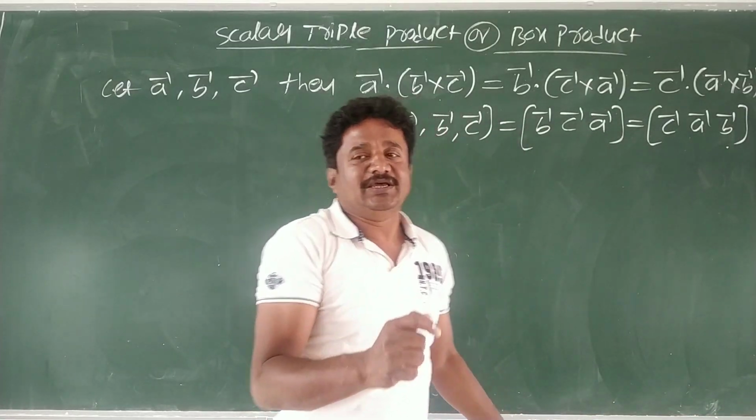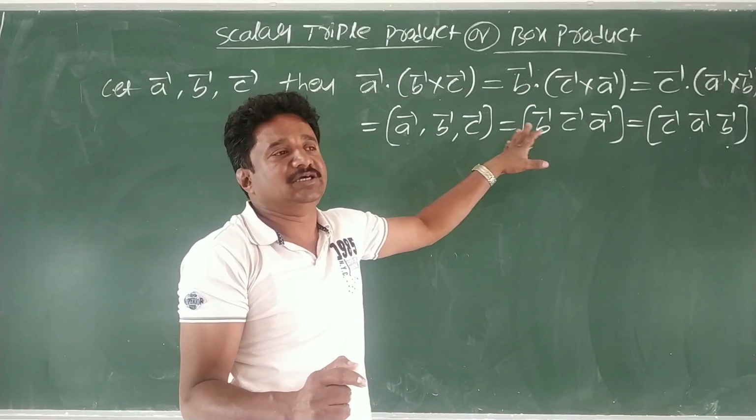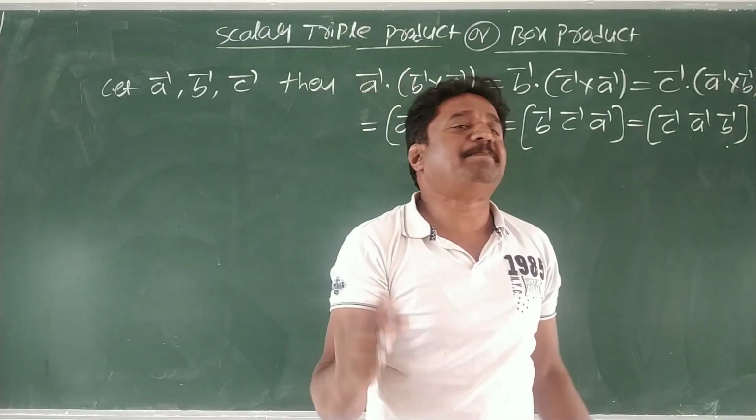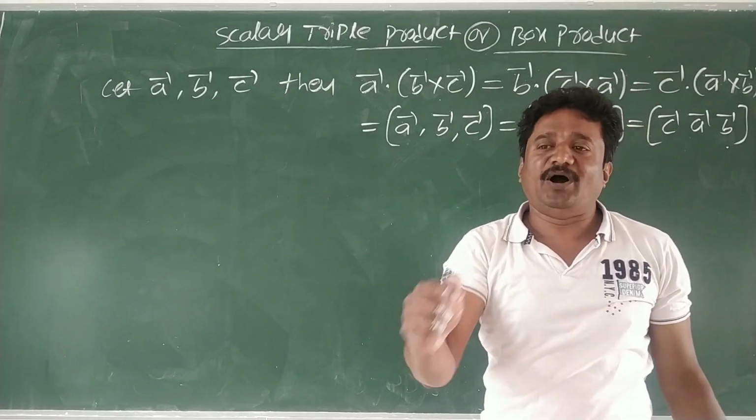You can use any of these representations. This product is called the scalar triple product or box product.